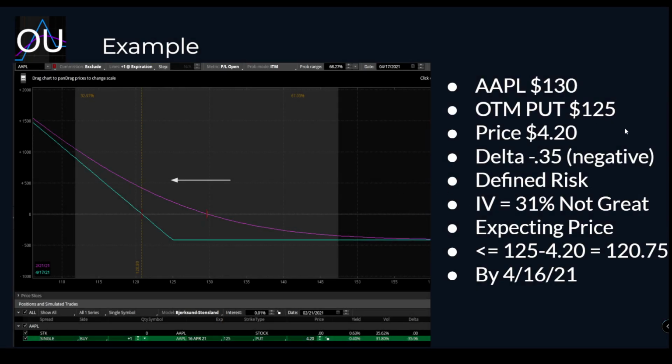So an example here on the Apple 130 out-of-the-money put, where the stock is trading at around 130, and the out-of-the-money put you buy is the 125 put.